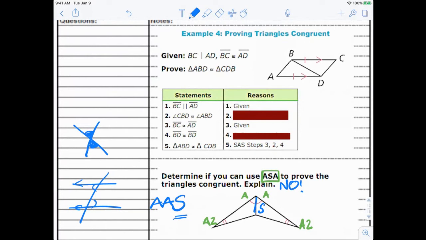So I am given that BC is parallel to AD. That's given. So then how do I know that CBD and ADB are congruent?